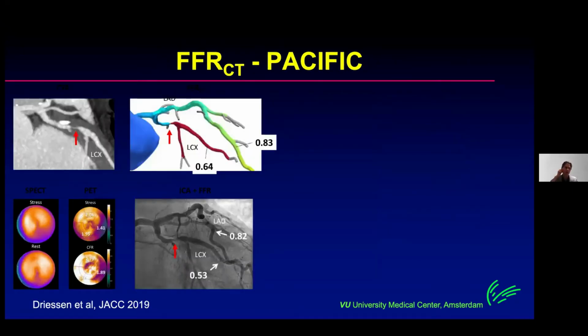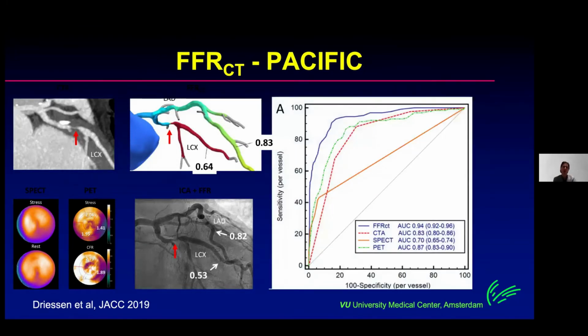So we ran a sub-study of the PACIFIC trial, which basically meant that we took all the patients, the 200 and some, who had all the functional testing, also for CT coronary angiography, but also with FFRCT. And the results were actually quite surprising because the blue line means that FFRCT has the highest diagnostic accuracy.